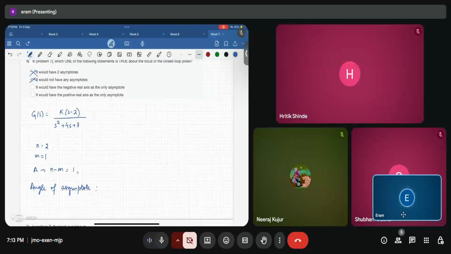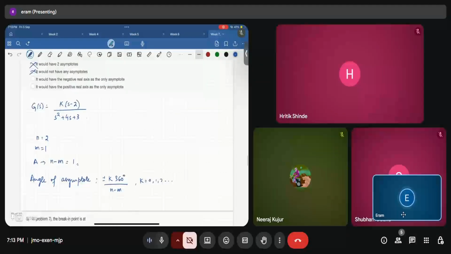In this case we have multiple of 360 degree divided by n minus m. Okay, and k is from 0 to 1, 2, 3. Now since we'll have only one asymptote, k will be 0, that means 360 degree, or we can say 0 degree. So 0 degree means negative real axis, positive real axis.